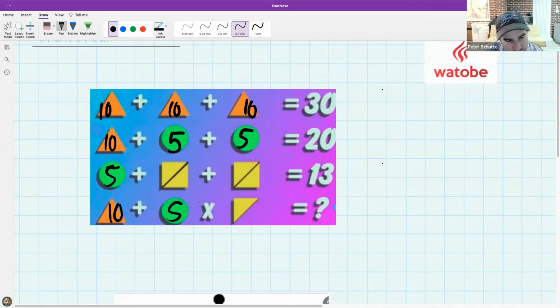Now, what is half a triangle going to be equal to? And do you know your BODMAS? So triangle, yes, because we need to get up to 13. I agree. So what's the final answer going to be then? Who knows the final answer?